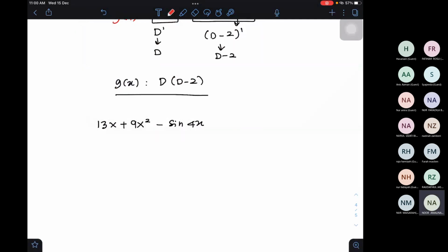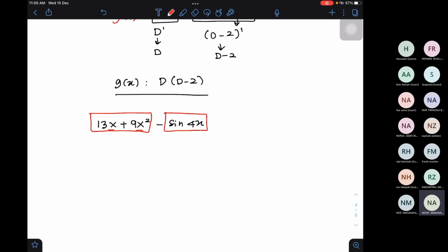Bila kita ada polinomial, ada banyak, ada kuasa 1, ada kuasa 2, kita anggap keseluruhannya adalah satu polinomial kerana kita akan tengok pada kuasa yang tertinggi sahaja. Okay, so dekat sini dia ada dua function yang berbeza, satu polinomial dan satu lagi trigonometry.